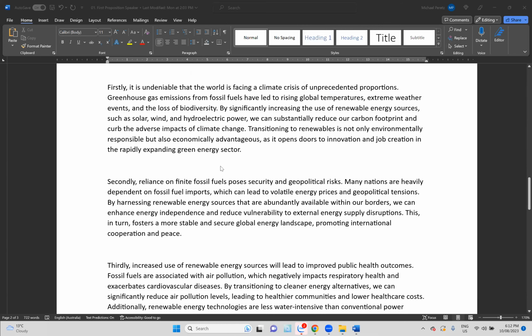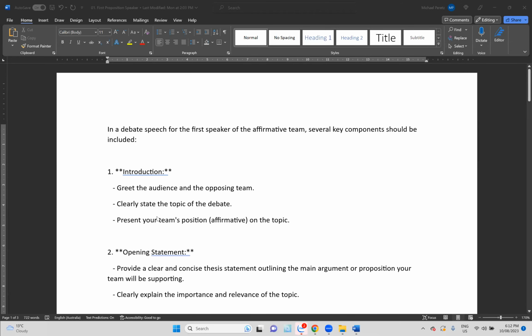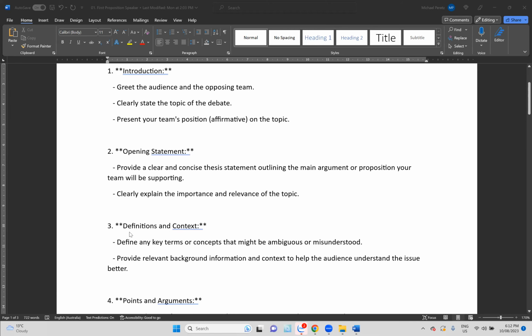And we will go back up, have a look at a bit more of what we need in this speech. So we've had a look at the introduction, the opening statement. We've given definitions and context. So we've talked about why it's such an important issue, and that's appeared in each of our arguments. We're giving each argument a stake.